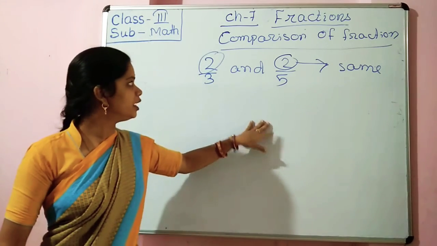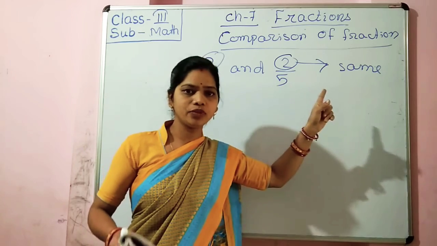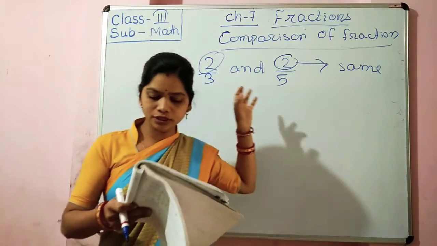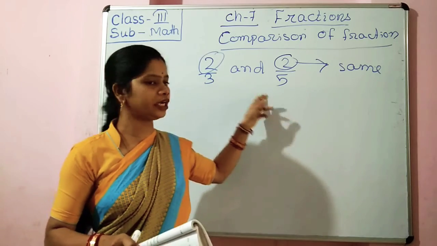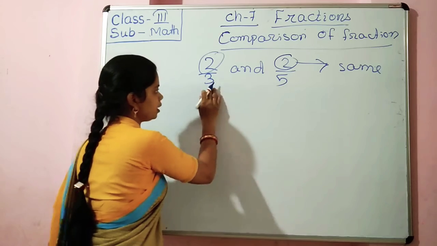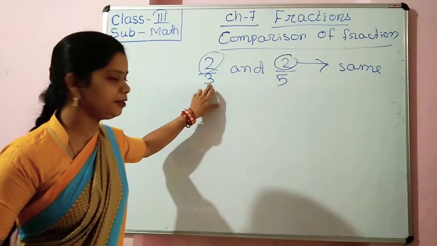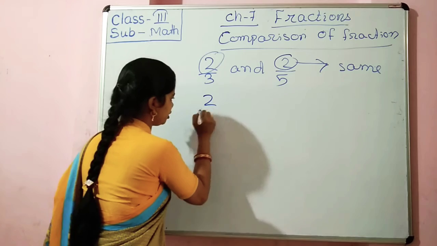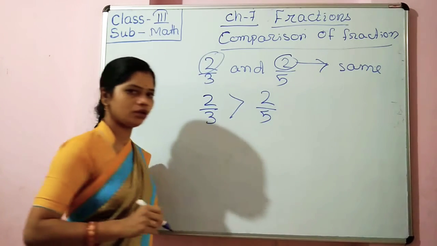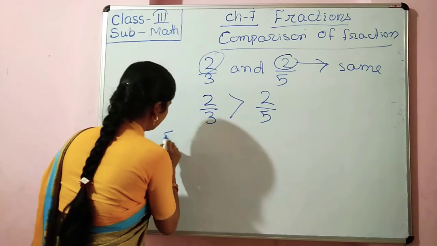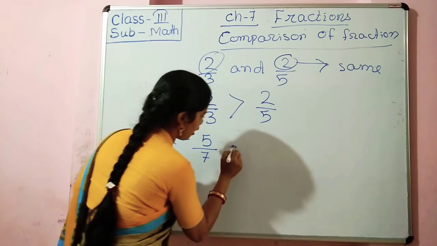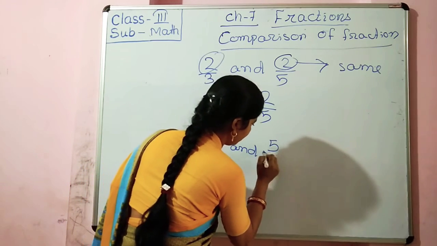In this case, if the numerators are the same, then the smaller denominator is the greater fraction. Here the smaller denominator is 3. So 2 by 3 is greater than 2 by 5. Understood? Next example, suppose 5 by 7 and 5 by 9.